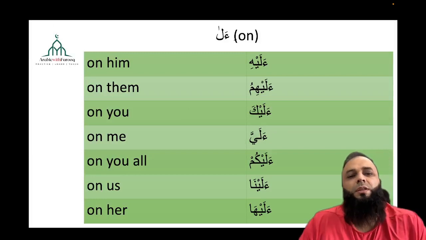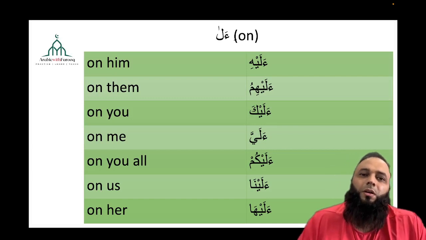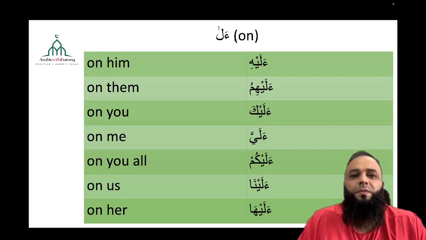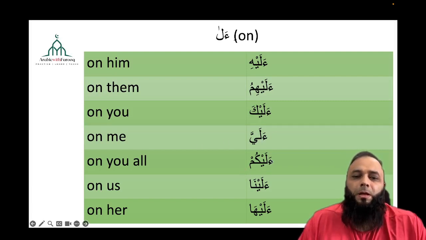Okay, so let's look at the other word, which is ala, and it means on. And then the same formula that we do is alayhi, alayhim, and then you have alayka, alayya, which means on me, alaykum, on you all.